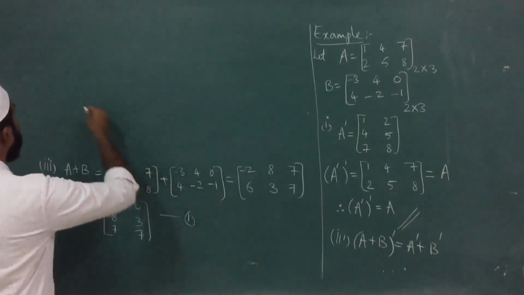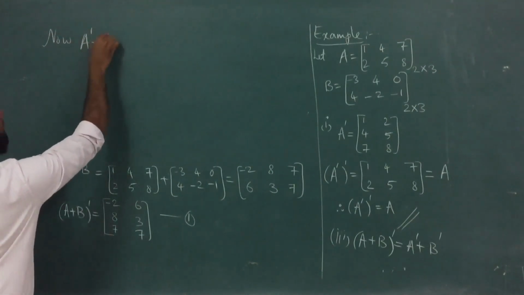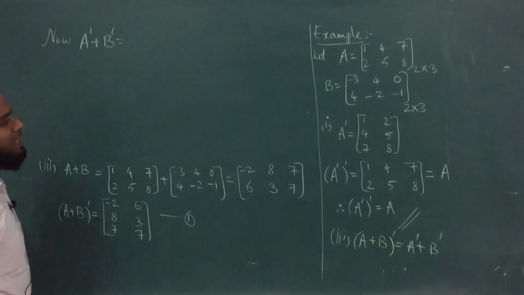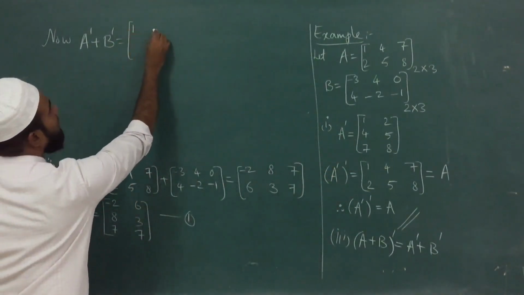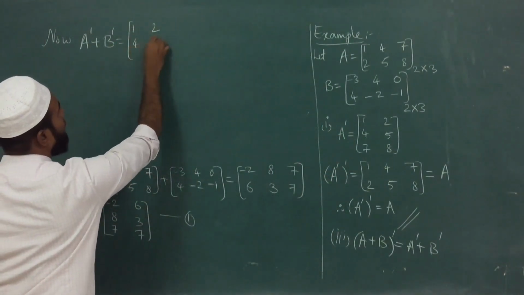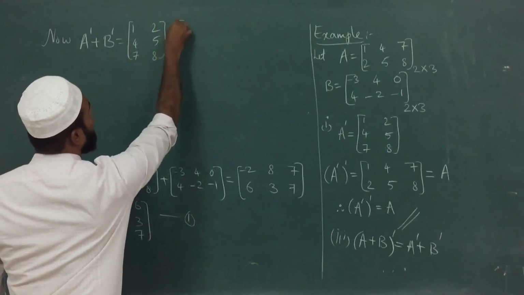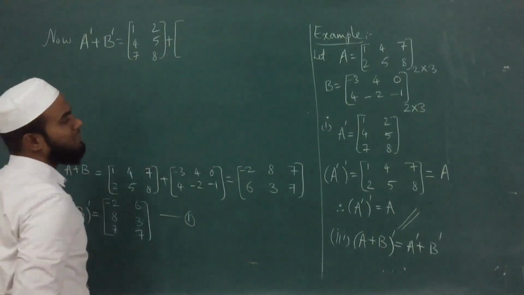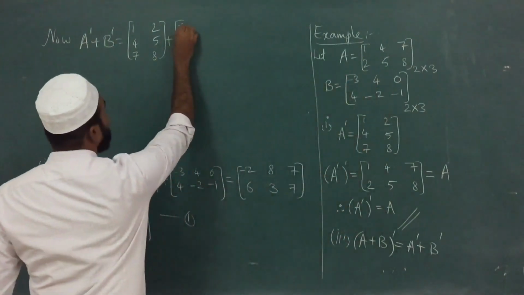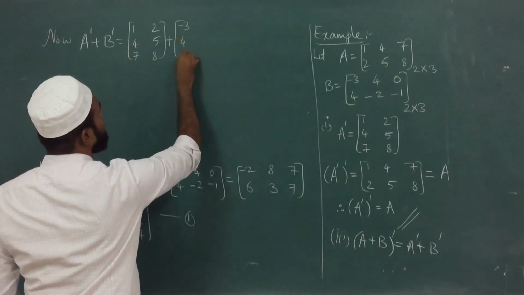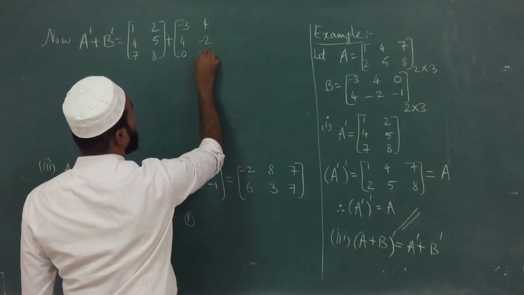Now let us consider A transpose plus B transpose. A transpose is already here. This matrix is given by 1, 2, 4, 5, 7 and 8, plus B transpose. So B transpose means transpose of this matrix, right? -3, 4, 0 and 4, -2, -1.